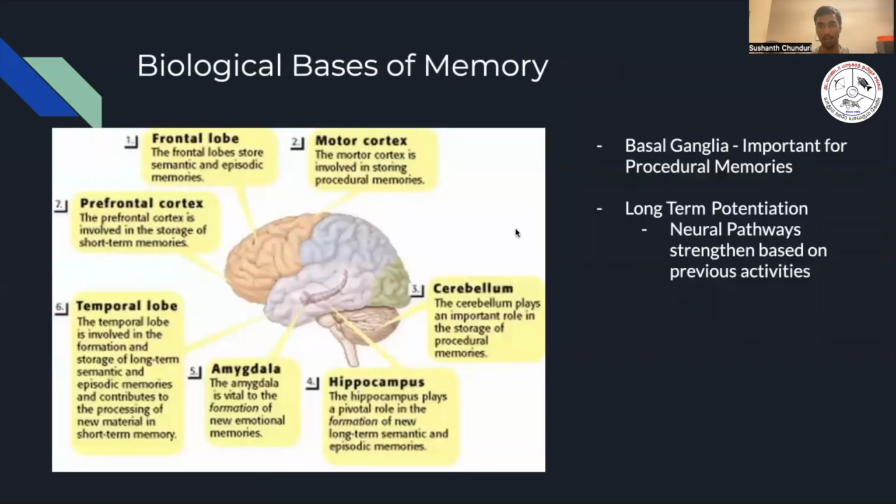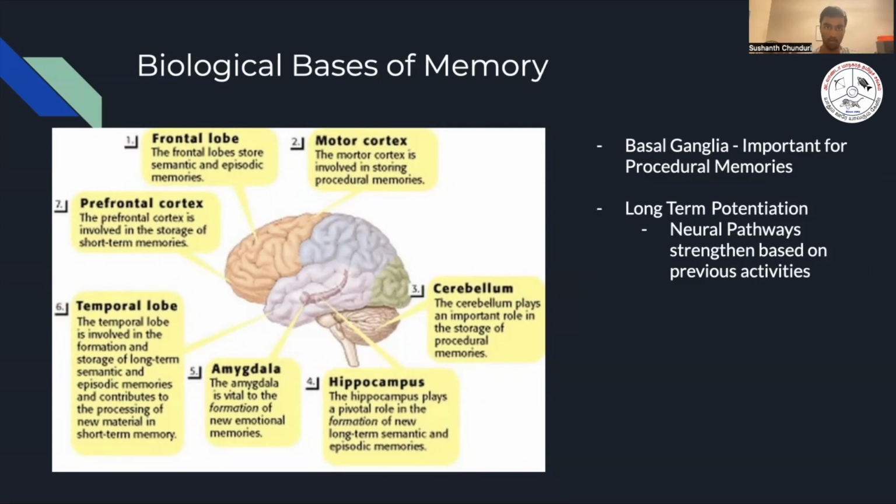Now let's talk about the biological basis of memory. And for this, you can look here. The ones I want to point out are the amygdala and the hippocampus. So the amygdala forms emotional memories, and the hippocampus is one of the most important in memories. It usually provides long-term and semantic and episodic memories. And then the basal ganglia is very important for procedural memories.